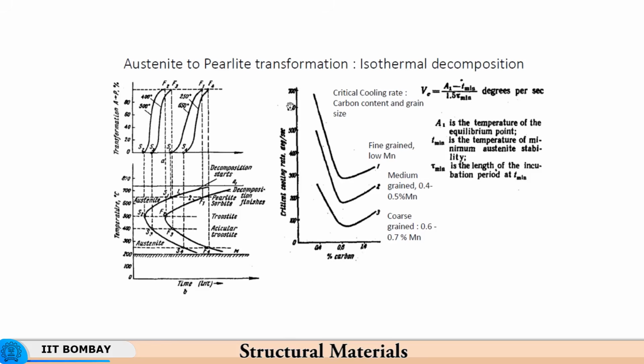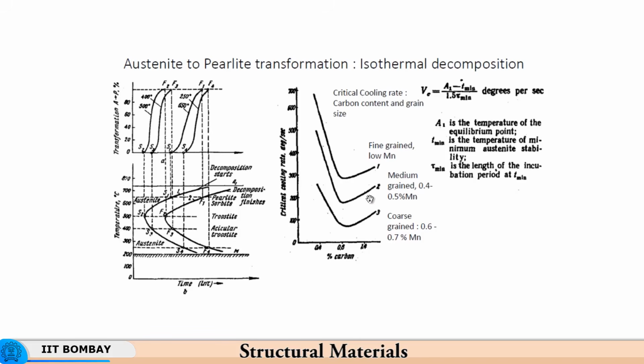Now, if you look at the critical cooling rate and the influence of carbon content and grain size on the critical cooling rate, the critical cooling rate is higher with fine grained material and with decreasing manganese.